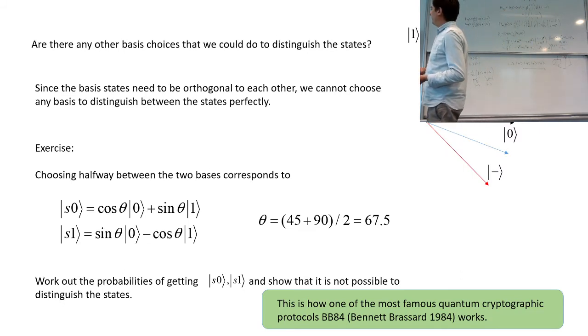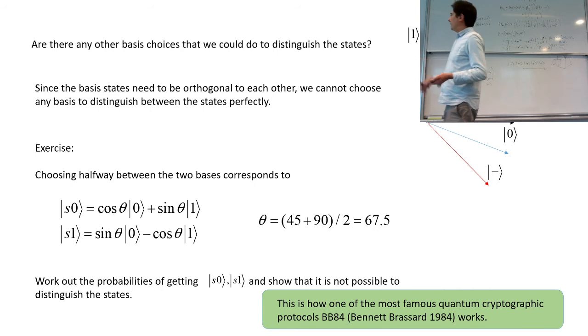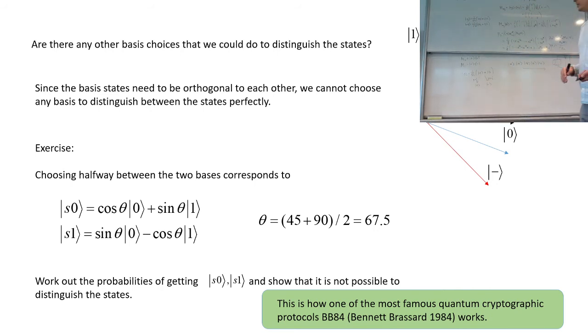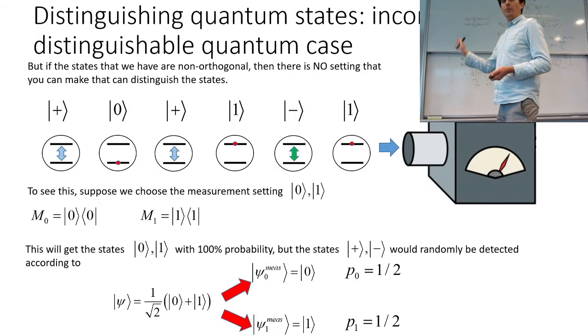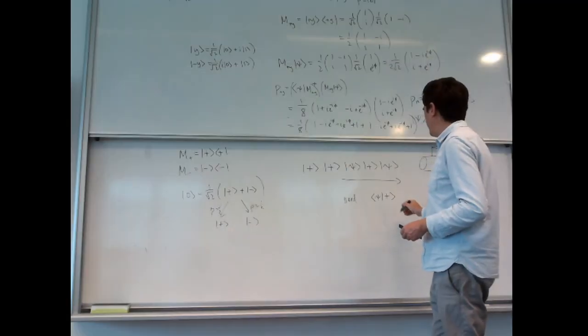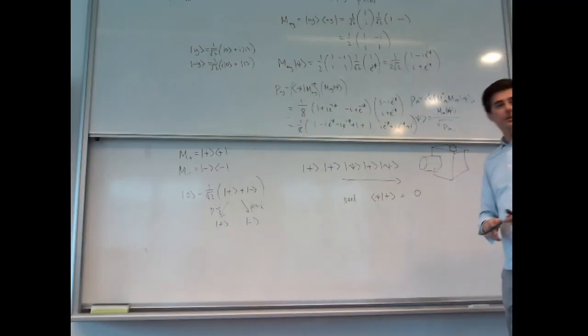Okay, so you need orthogonal states in order to distinguish the states completely. And what this slide is arguing is that there's no measurement basis that you can use so that you can distinguish all 4 possible states. So the key point here is that we need psi plus to be 0 in order for them to be distinguished properly.